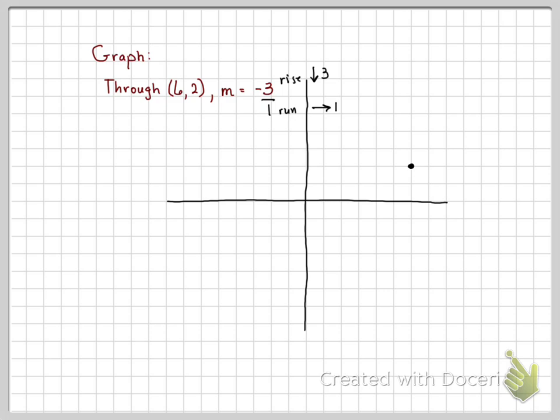So from our point 6, 2, we'll go down 3, right 1, and make another dot. That gives us this line right here. Okay, and make sure that you make it long enough so that it is in fact a line.